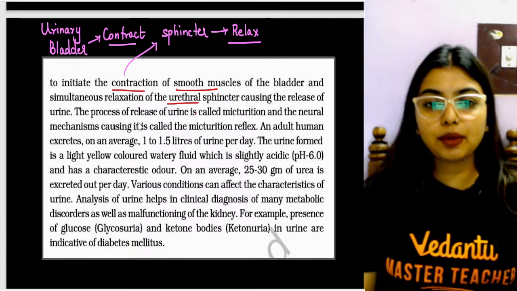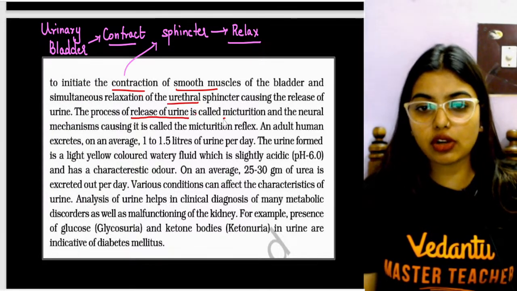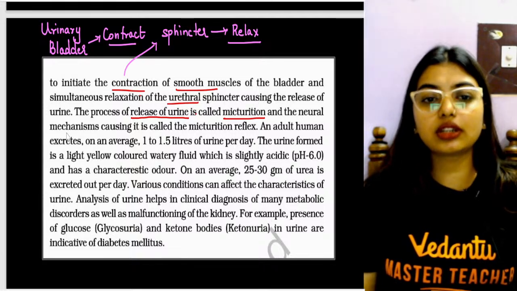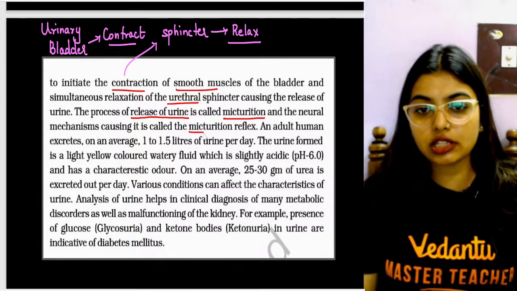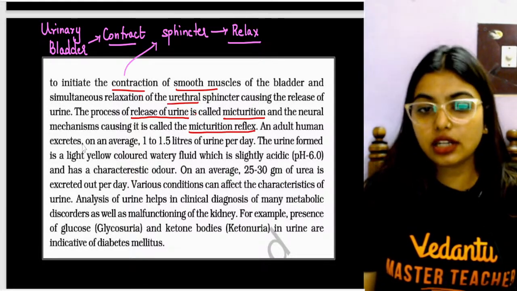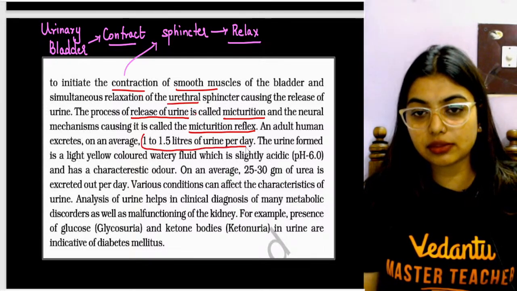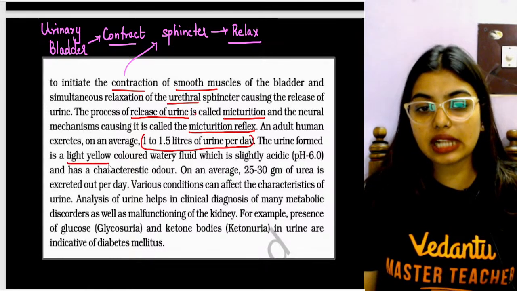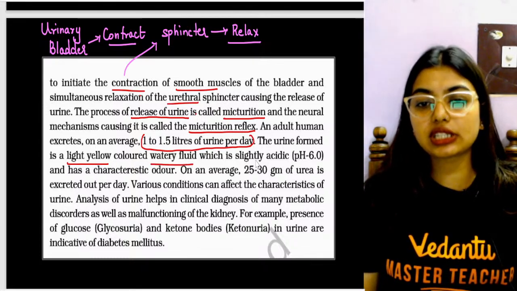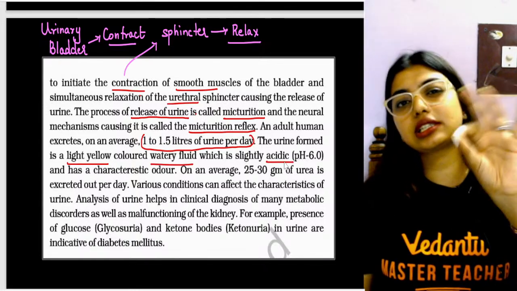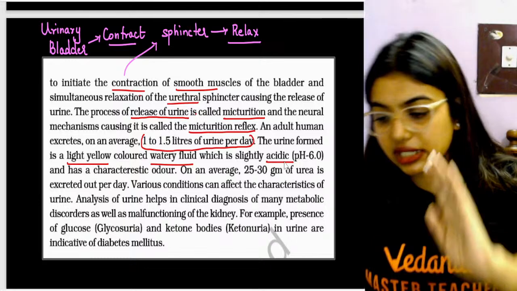Now the process of release of urine is called micturition, and the neural mechanism causing it is called the micturition reflex. An adult human excretes on an average 1 to 1.5 liters of urine per day. The urine formed is a light yellow colored watery fluid which is slightly acidic, that means pH around 6. It is not neutral, but slightly acidic.